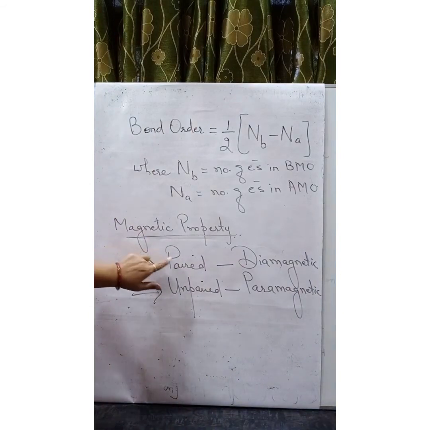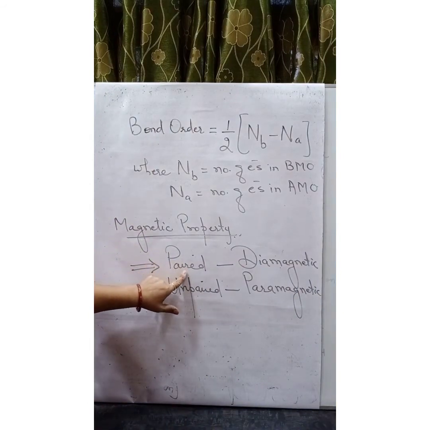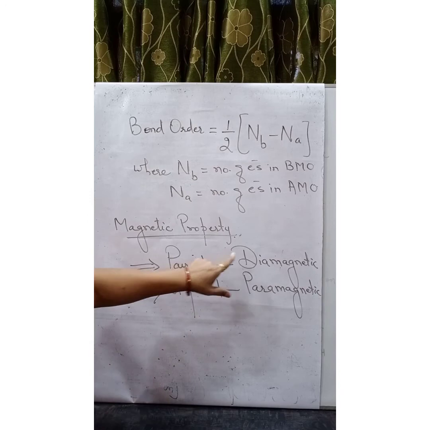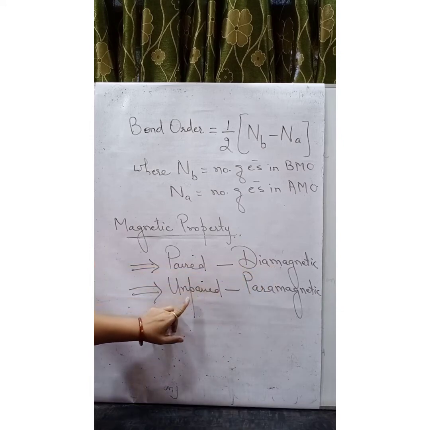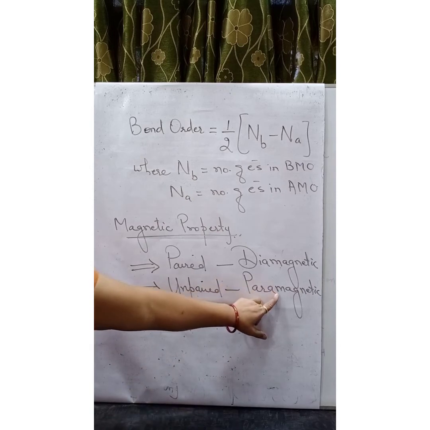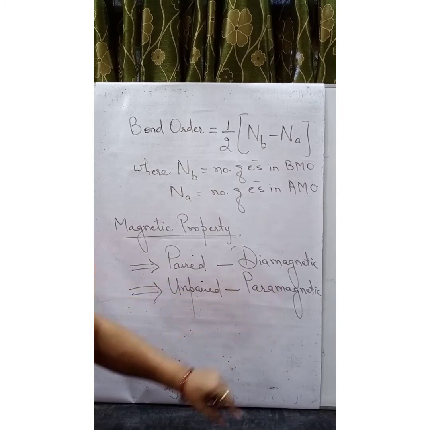So whenever all electrons are paired in the molecular orbitals, the magnetic property is diamagnetic and it is repelled by the magnetic field. If there is even a single unpaired electron, then the molecule is going to show paramagnetic property and it will be attracted by the magnetic field.